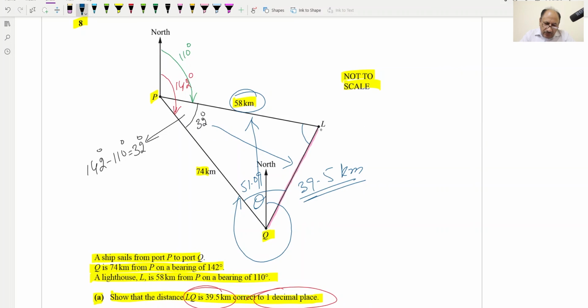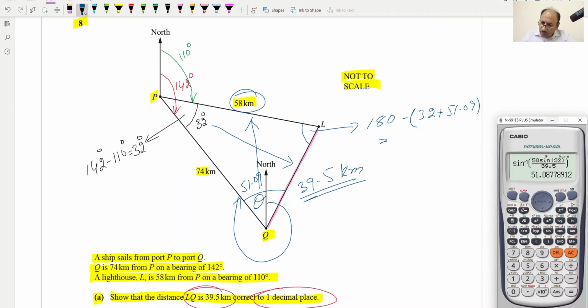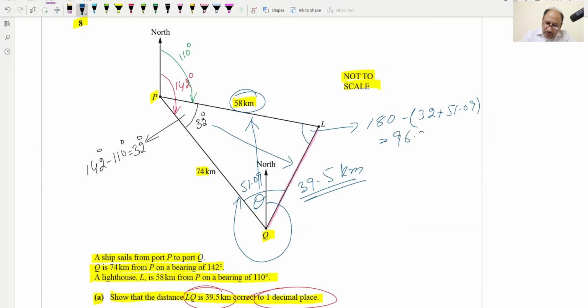This angle will be 180 minus 32 plus 51.09, and this will be equal to 180 minus in brackets 32 plus 51.09 and bracket close, and this will be equal to 96.91. 96.91 is this angle.